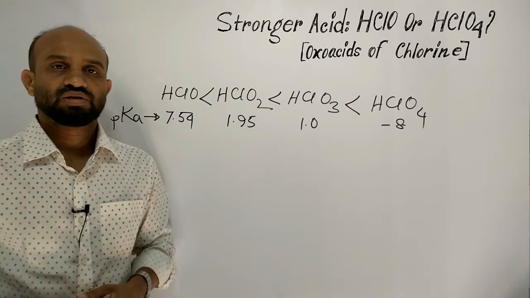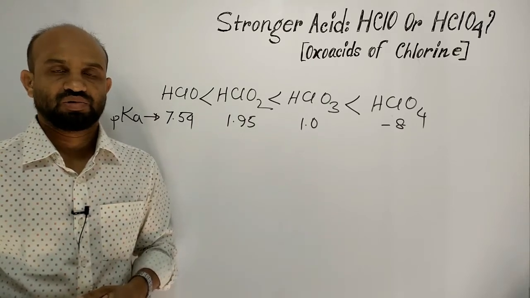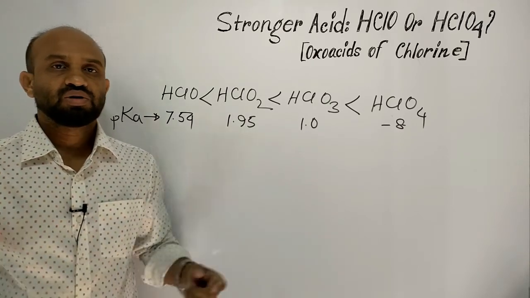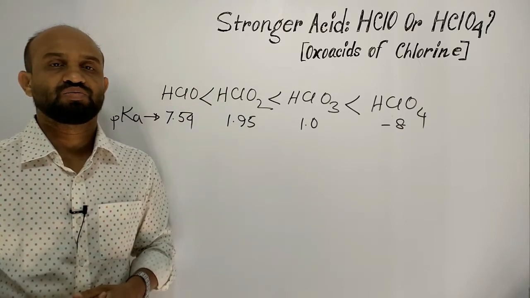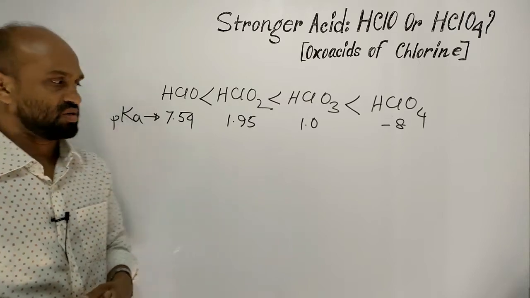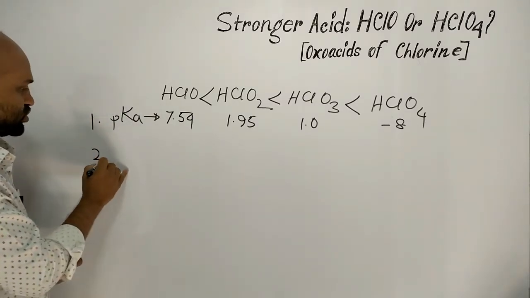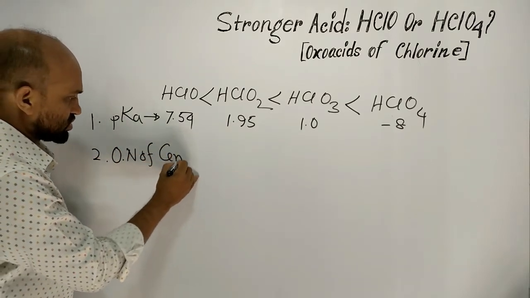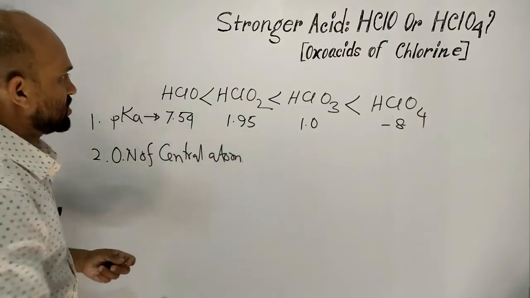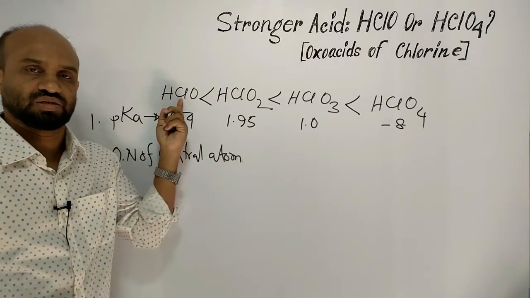Another point is the oxidation number of the central atom. Let's see how the oxidation number of the central atom affects the strength of acids. This was point number 1. Point 2 is the oxidation number of the central atom. Here, the central atom is chlorine in each case.